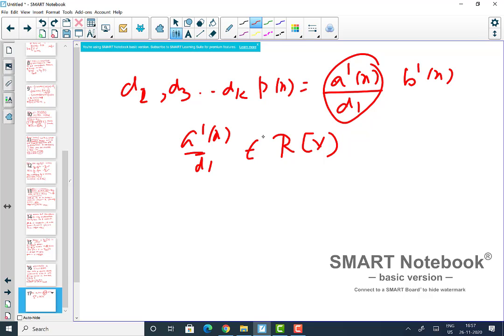Now you do it again, the discipline tells you that you can manage all those things, and whatever you are getting will again be an element of R[x], right? And now obviously you can just multiply by this D1 D2 D3, and you will get back your p1.